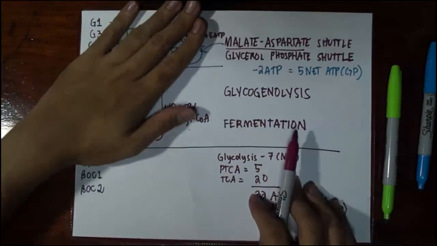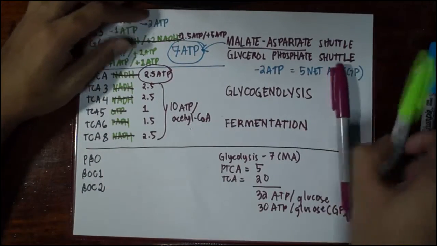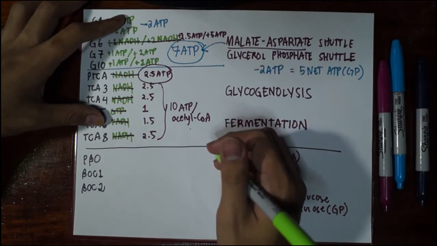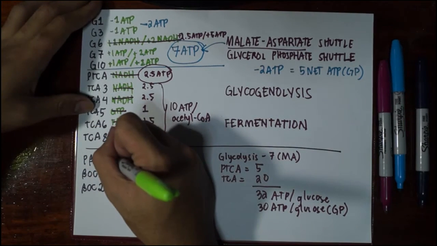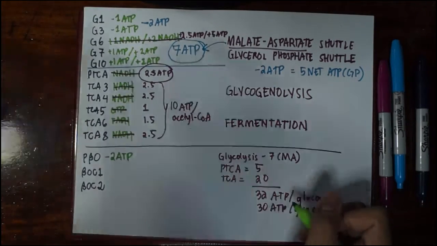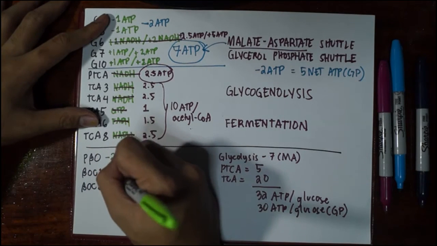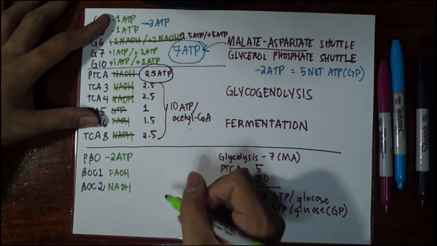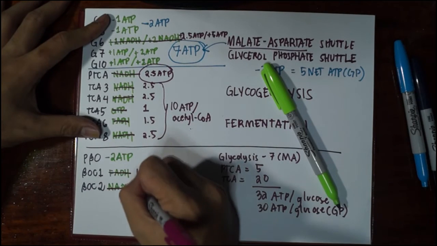Now, when we go to beta oxidation, the pre-beta oxidation, recall whatever the case, regardless of how long the fatty acid is, because it requires fatty acyl-CoA synthetase, it would require minus 2 ATP. So it would require 2 moles of ATP. Now, for beta oxidation phase 1, we have FADH again. And step number 2 gives us NADH. So, again, this would lead us to 1.5 and then 2.5.